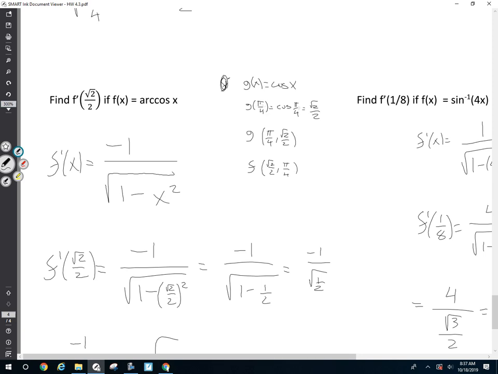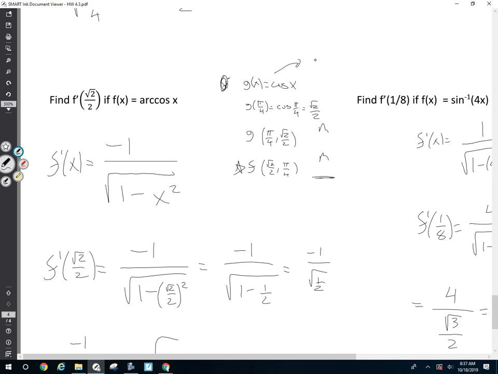Okay, cool. Now these are flip-flopped from what you're used to, but if I want to find this slope, if I knew this slope, I could just take the reciprocal of it, just like we were doing before. Okay, watch. Take the derivative of g.